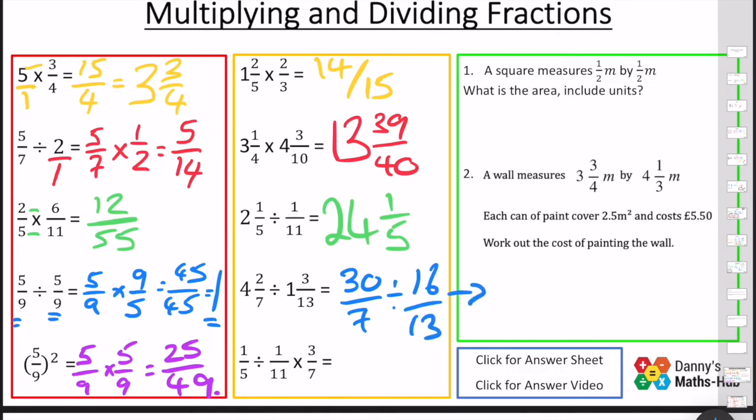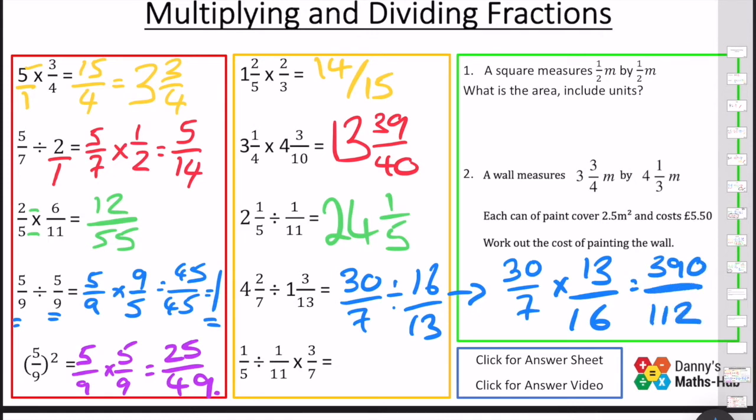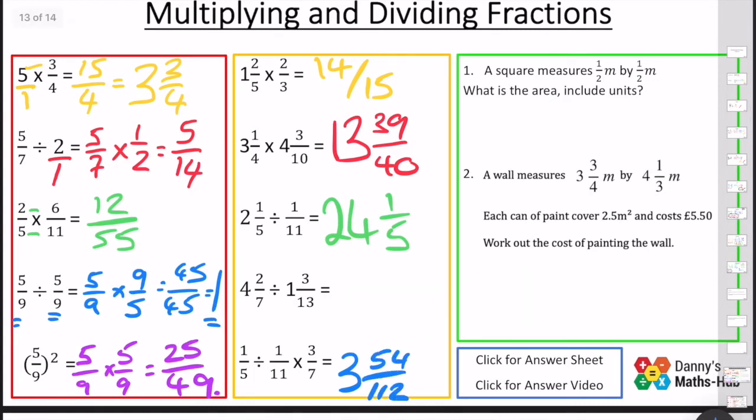So if we keep, change, flip. 30 times 13 is 390. 7 times 16 is 112. There are 3 lots of 112 in 390, with 54 left over. Which simplifies down to 3 and 27 over 56.